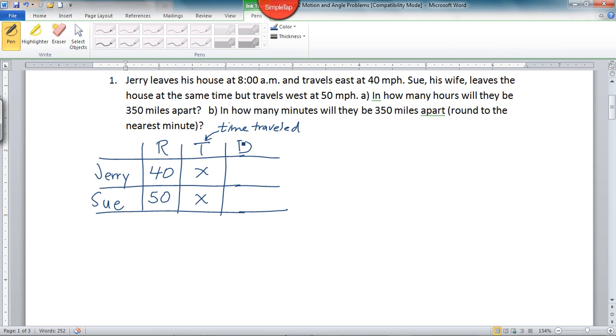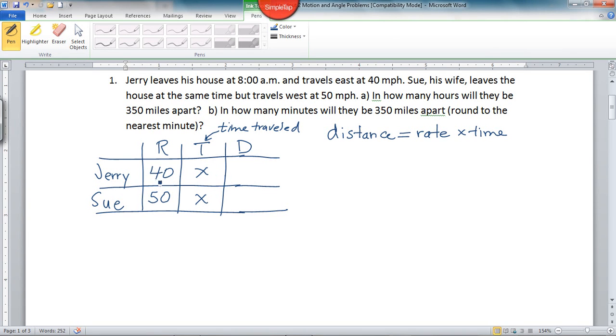Now what we need to do is fill in this distance column. Well, for the distance, remember that there is a formula for distance. Perhaps you're familiar with it. It is distance equals rate times time. And that's a formula we'll use here a lot. Distance is rate times time. So for each row here, for the distance, we're going to take the rate times the time.